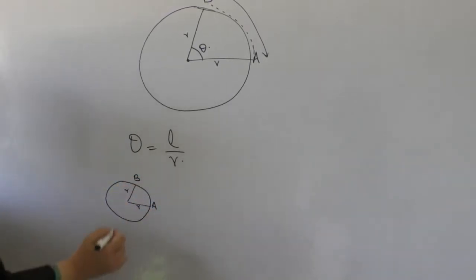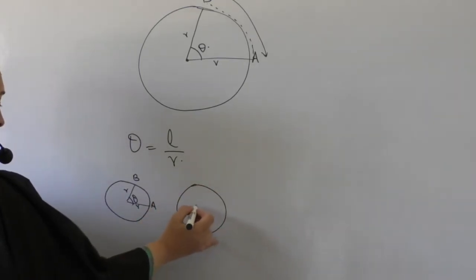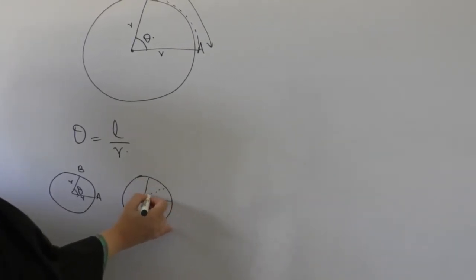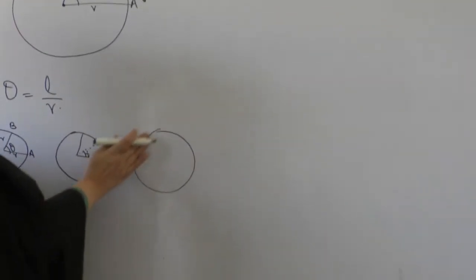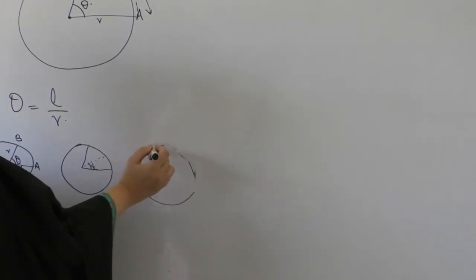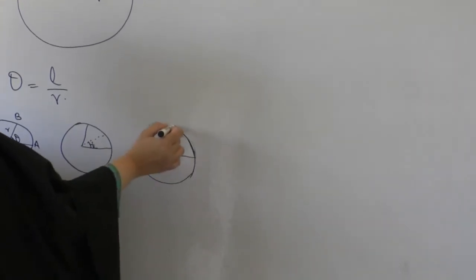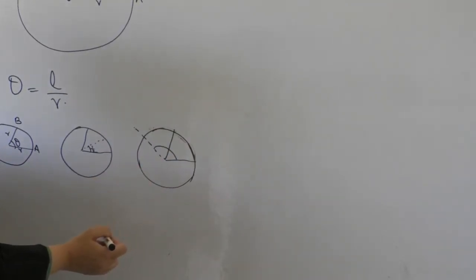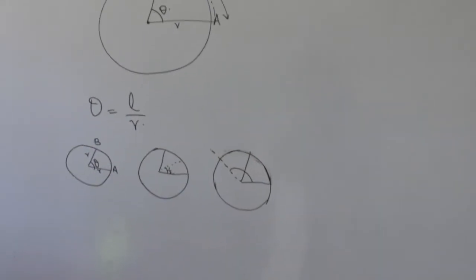Here is the complete circle, angle theta. Here is half. This is twice. So in this form we see what it shows.